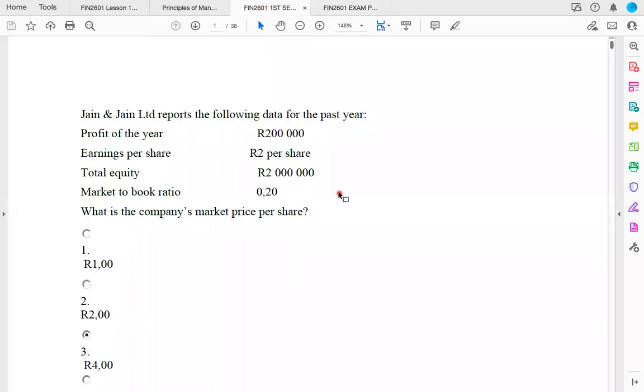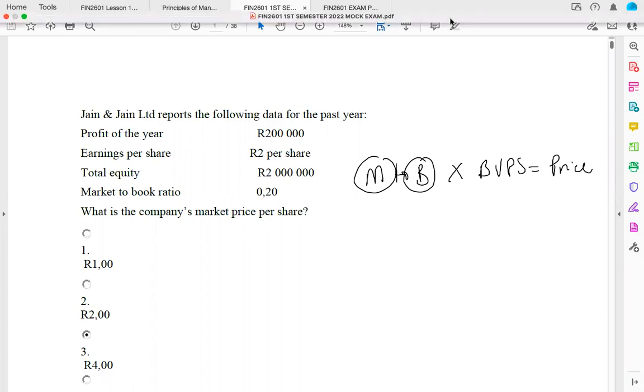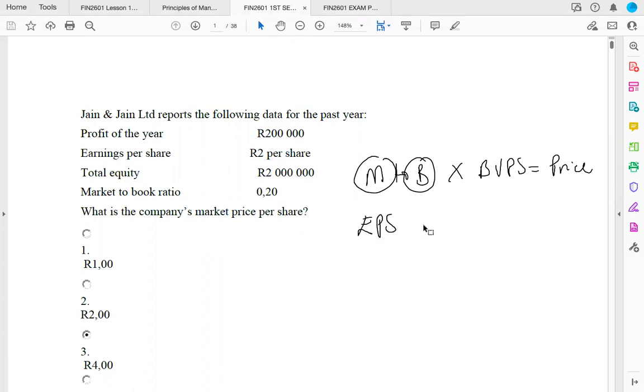The idea behind this is that if you've been given the market price to book ratio and you want to get the price of the share, you can simply take your market to book ratio, multiply it by the book value per share, and that will give you the price.